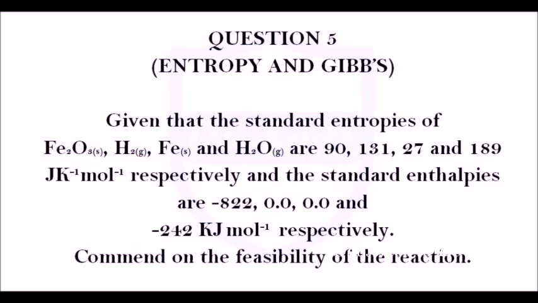Given that the standard entropies of iron(III) oxide, hydrogen, iron and water are 90, 131, 27 and 189 joule per Kelvin per mole respectively, and the standard enthalpies are minus 822, 0.0, 0.0 and minus 242 kilojoule per mole respectively. Comment on the feasibility of the reaction.